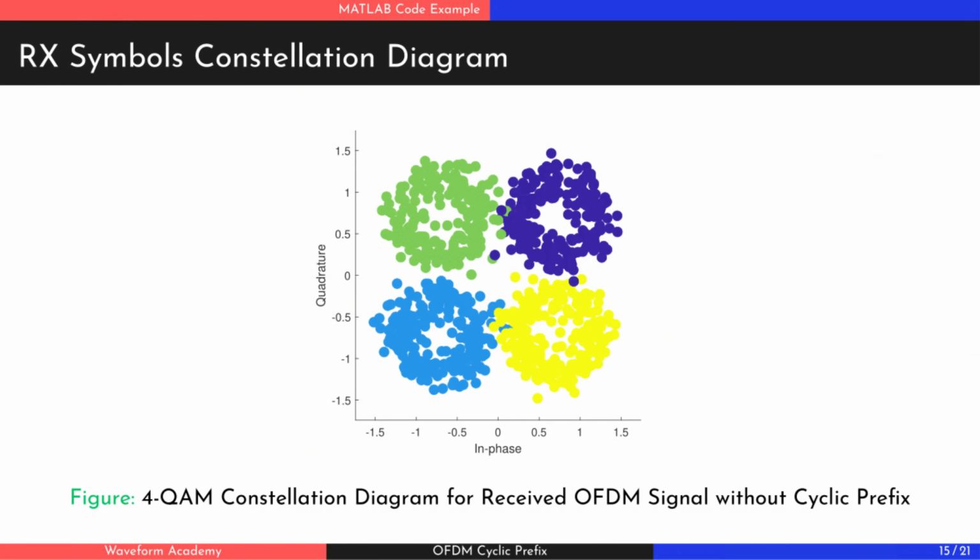As shown in the plot, the QAM constellation points are distorted due to the presence of intersymbol interference.